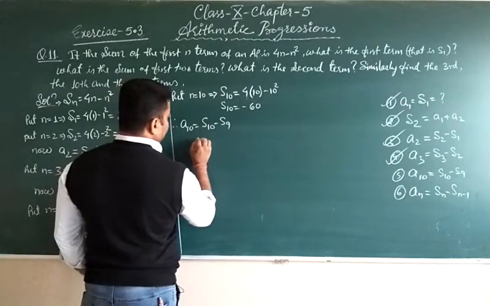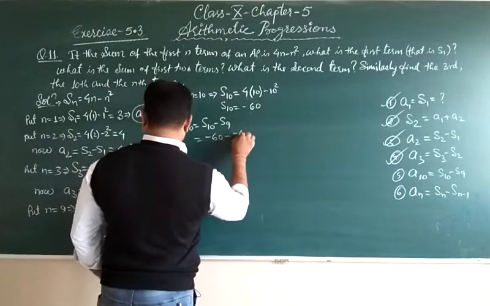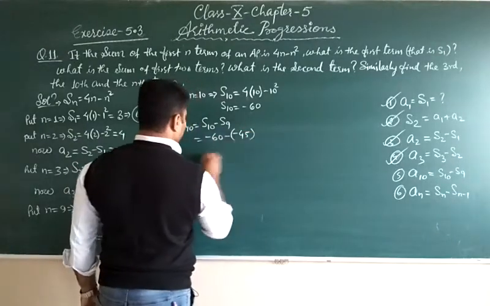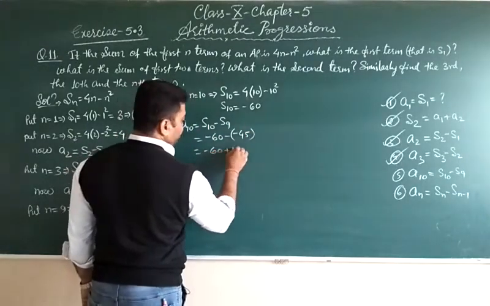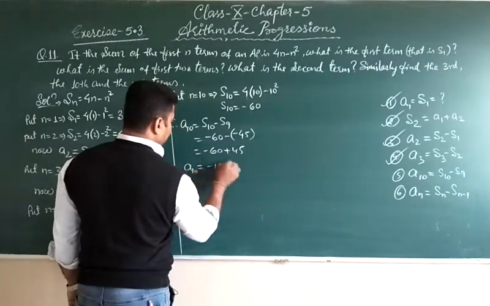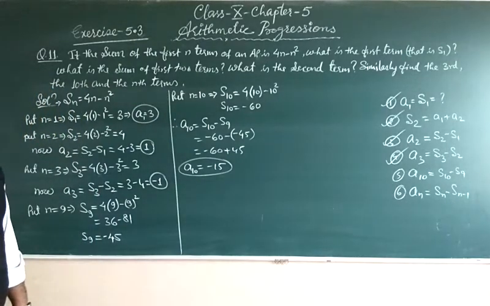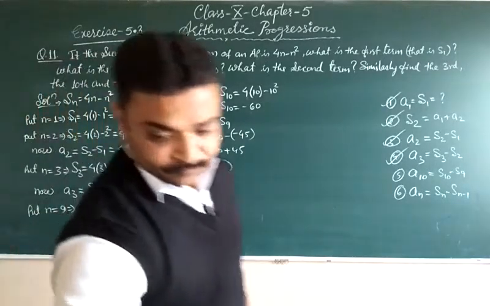So A10 is equal to minus 60 minus of minus 45. So minus 60 plus 45 is equal to minus 15. So A10 is equal to minus 15. Clear?